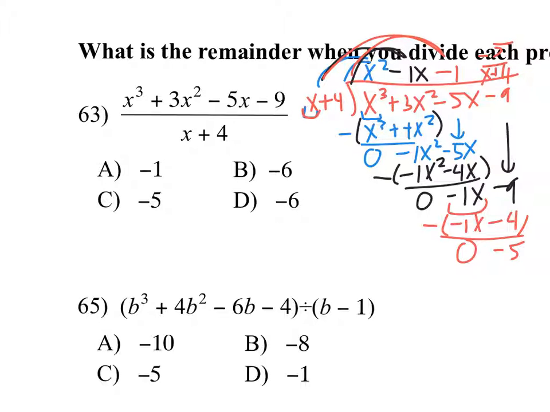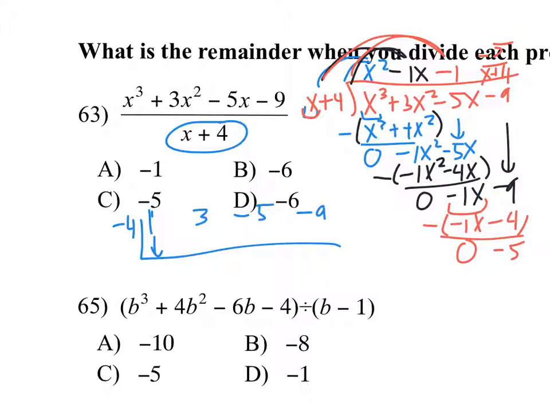If you were interested in using synthetic division for this, we're going to have a minus 4 out front, and then our coefficients are 1, 3, -5, and -9. We're going to bring down the first number. And when we do that, we've got 1. -4 times 1 is -4.